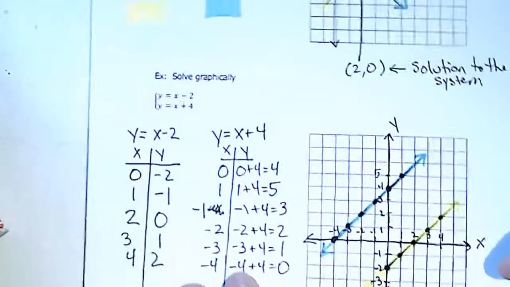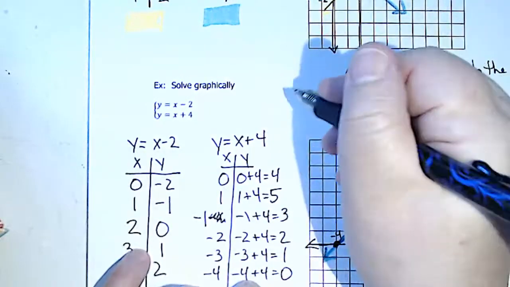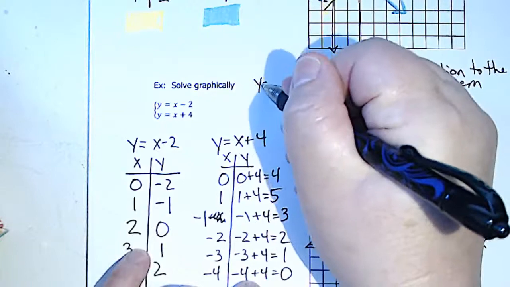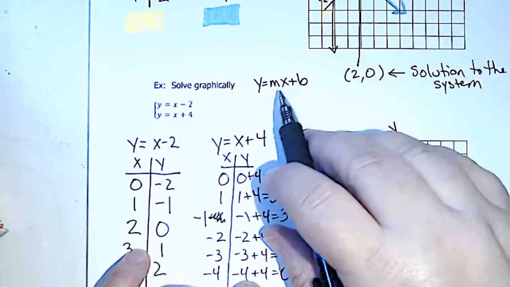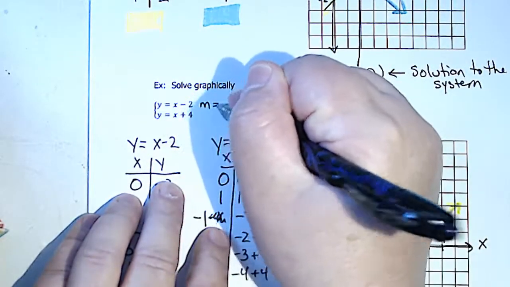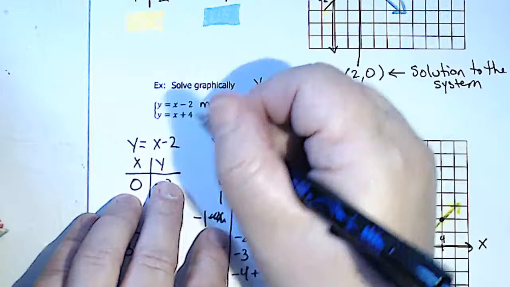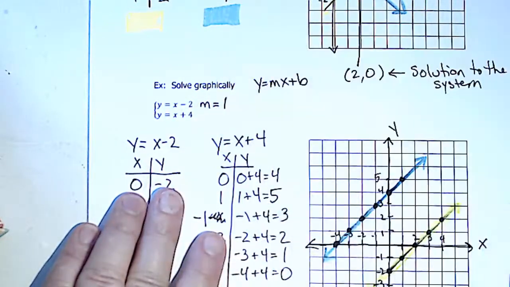They look parallel. And then I'm going to come back up here and I'm going to say, remember about y = mx + b form? The number right in front of x is the slope. So here, I just have an x, so that means it's 1 times x, so my slope is 1.